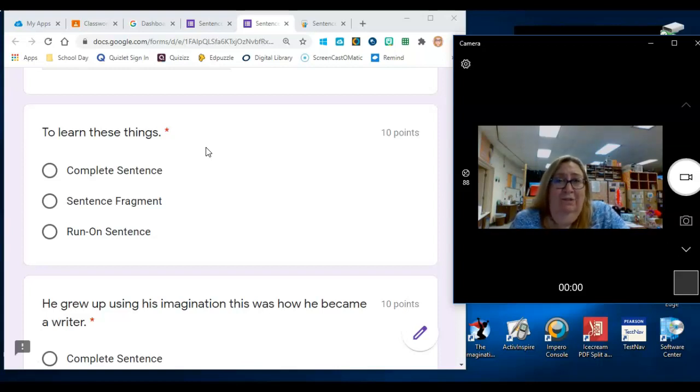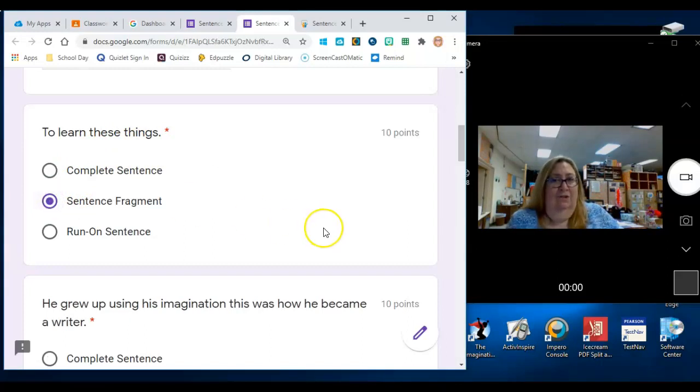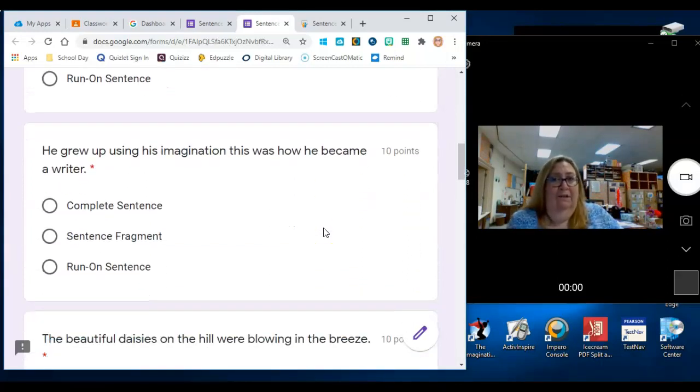It just says to learn these things. I don't know who's learning. I don't know what's learning. So I know this is an incomplete sentence. Is it a fragment or is it a run-on? Well, it doesn't even make one complete sentence. It sure can't make two complete sentences, right? So this is definitely going to be a sentence fragment. So you're going to choose sentence fragment and you're going to move on.